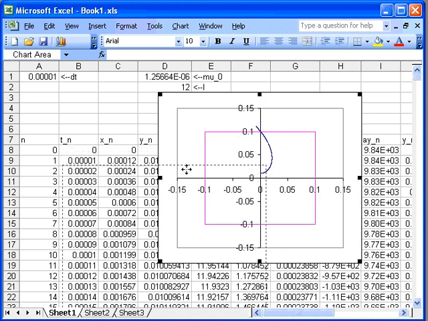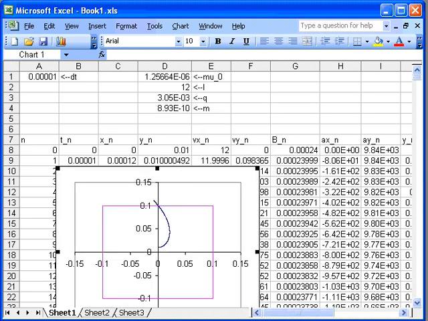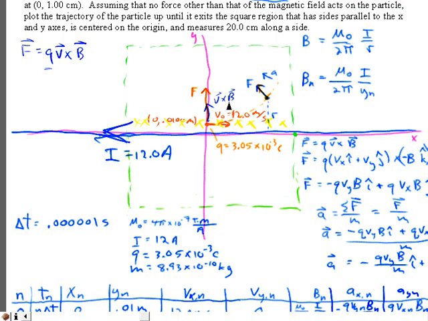I want to make another check. With a charged particle in a magnetic field, the magnetic field always pushes the charged particle sideways, so there's never any component of the force along the velocity. It's always at right angles to the velocity.